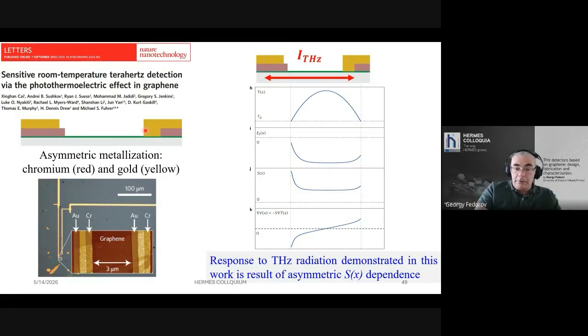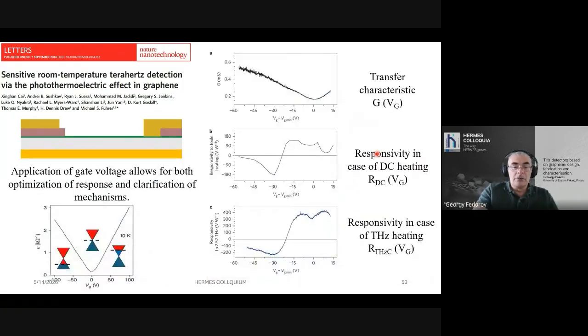So what they have shown in this paper is that if you have a symmetric distribution of temperature and some asymmetric distribution of Fermi level positions, so contact doping, you would have non-zero voltage in the channel, and its dependence on the gate voltage was carefully checked in this paper. And an important methodological advantage of the approach they were using: they checked what voltage you get if you just heat the channel.